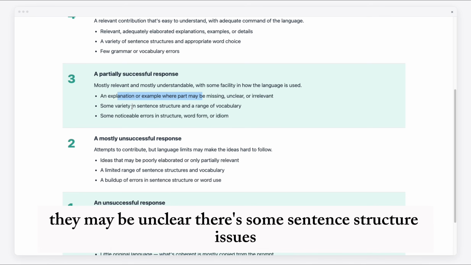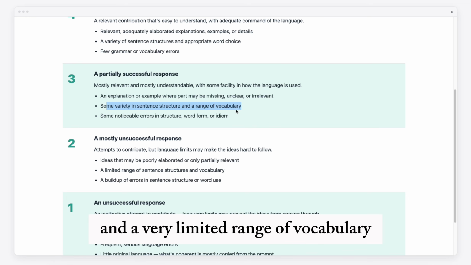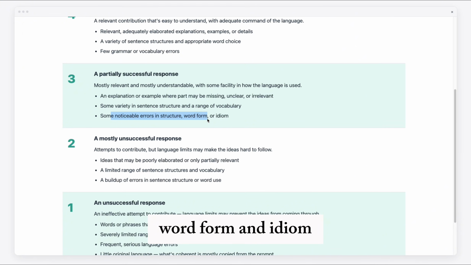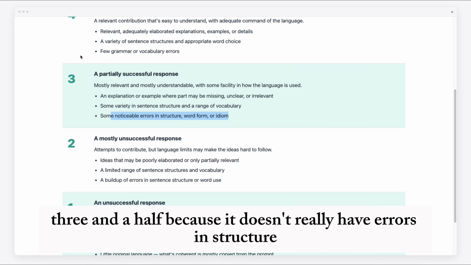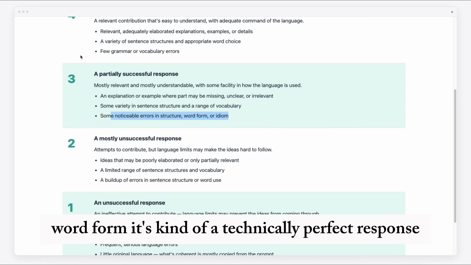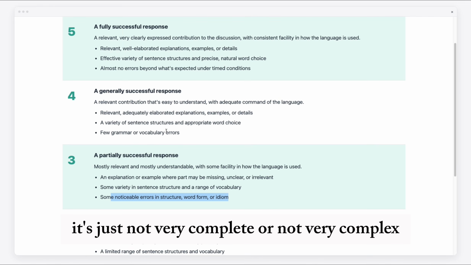There's some sentence structure issues, very poor variety, very simplistic sentence structure, and a very limited range of vocabulary. Some noticeable errors in structure, word form, and idiom. And so that's why I labeled that one as about a 3.5, because it doesn't really have errors in structure, word form. It's a technically perfect response. It's just not very complete or not very complex.